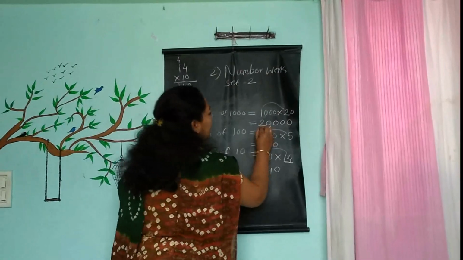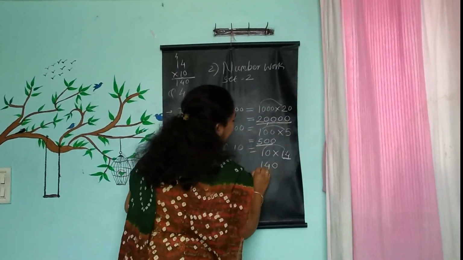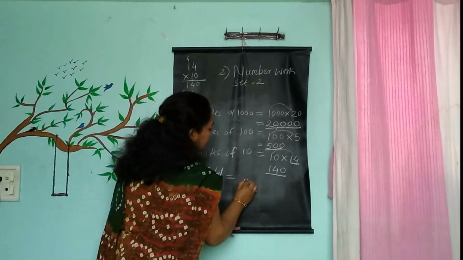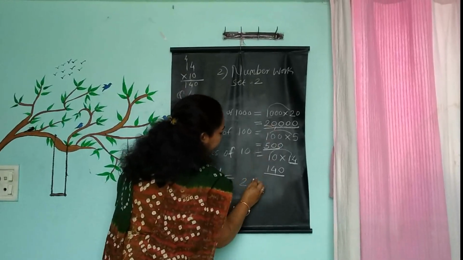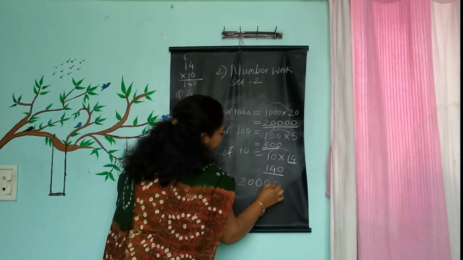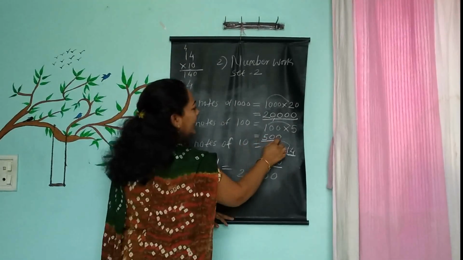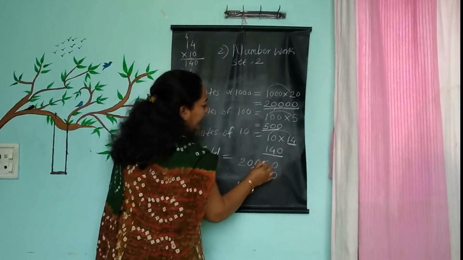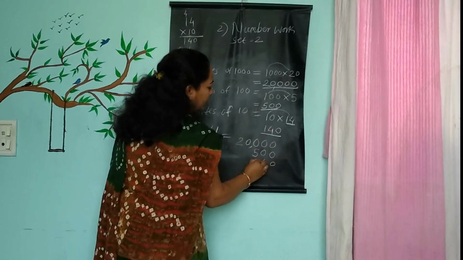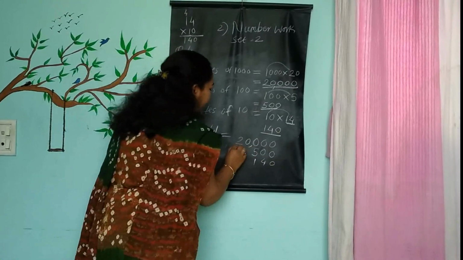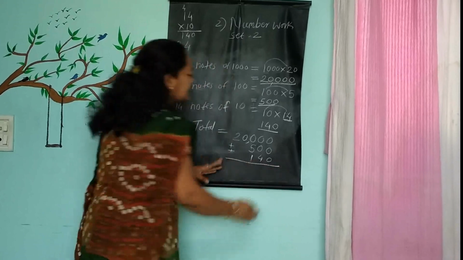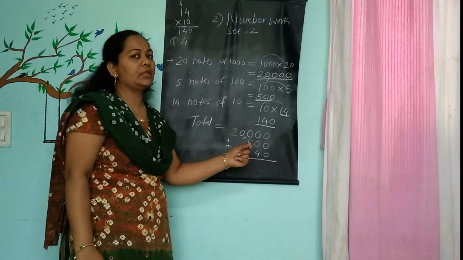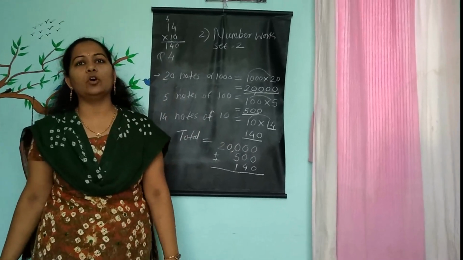Now all the answers of the first, second and third, you have to write in proper sequence for totaling. First write the biggest number on top, that is 20,000. Then the 3-digit numbers, 500 and 140. See here, all students, if you make mistakes while writing the places, your answers will definitely go wrong.